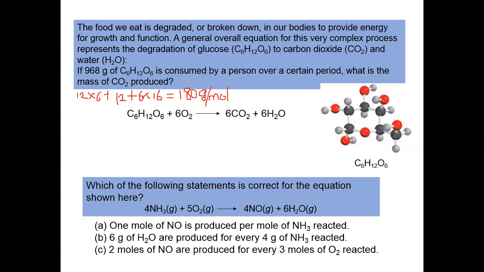So what is next after this? We divide 180 by 968. Right, so why do we want to do that? So we can know the moles of glucose. Yes, to find the moles of glucose, we divide 968 grams by 180 grams per mole.